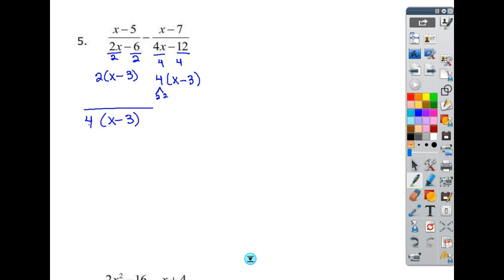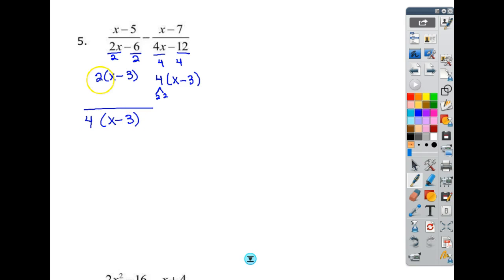I think we had one other problem. So comparing 2, x minus 3, to 4, x minus 3, what's different? Yeah, the 2 and the 4 are different. Okay, so in this case, the question we really have to ask ourselves is, what do I multiply 2, x minus 3 by to get to this?